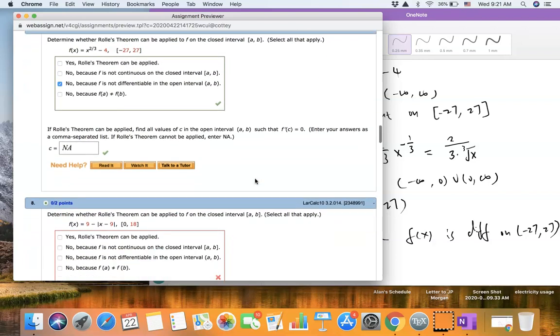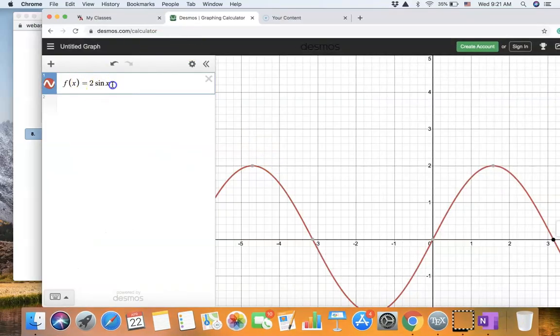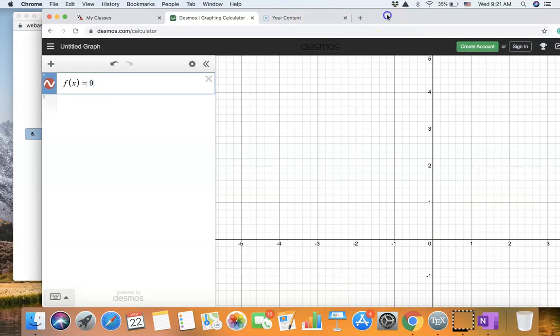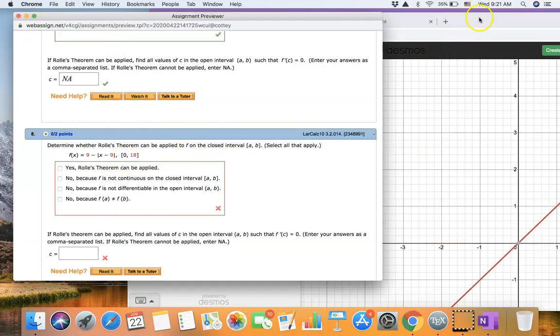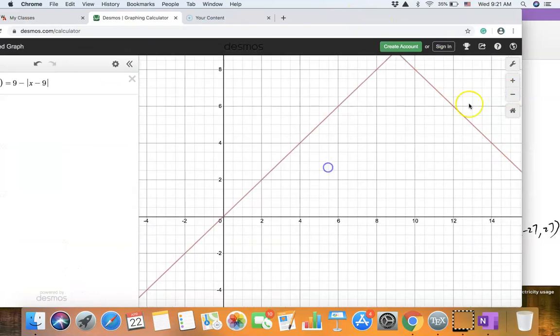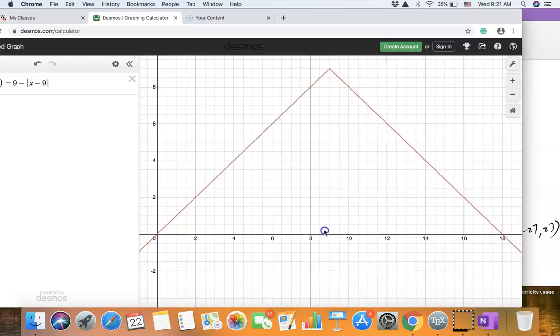All right. For number 8, the function is f of x equals 9 minus the absolute value of x minus 9, when x is from 0 to 18. We can see the graph is continuous because there's no break, right?